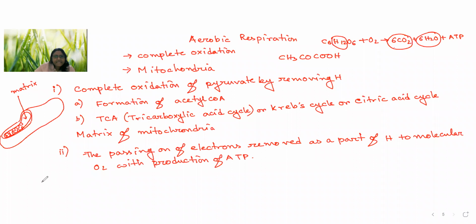Actually when NADH H+ is formed, I told you NAD+, so it is having positive charge, that is nicotinamide adenine dinucleotide plus, so it is having a plus charge. 2 H+ ion and 2 electrons, when added to it, it will form NADH plus H plus.